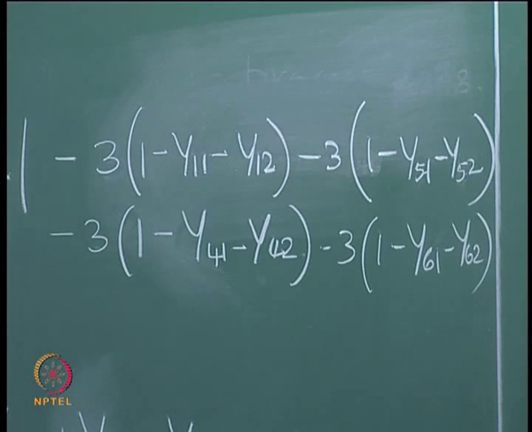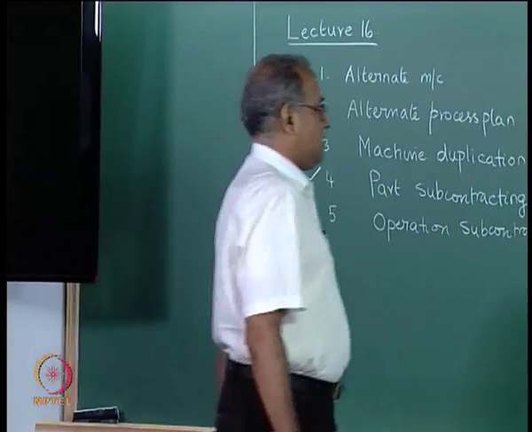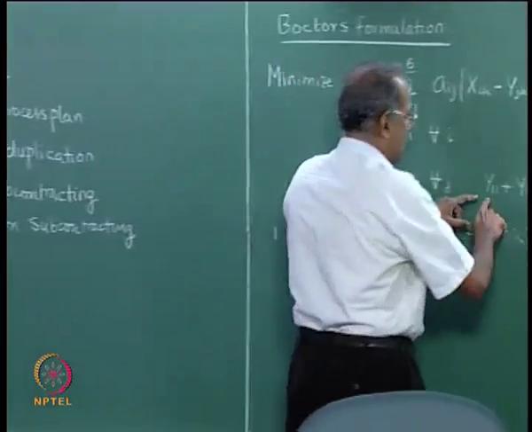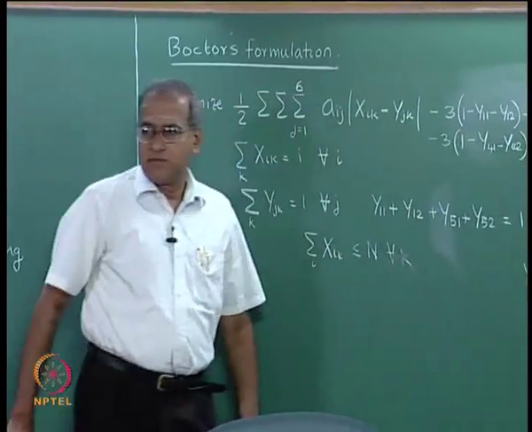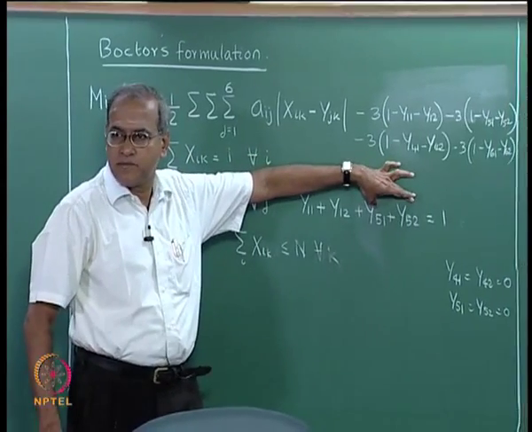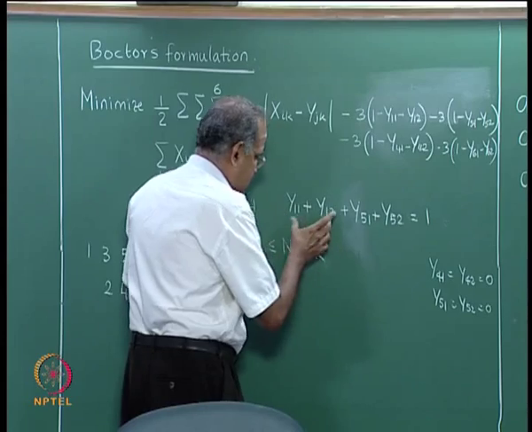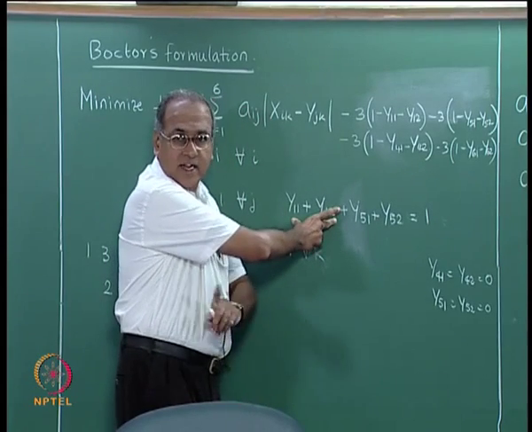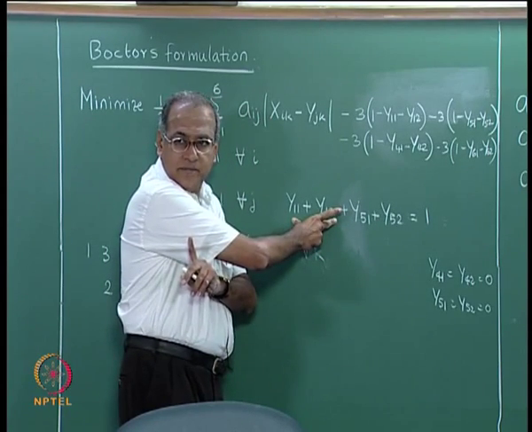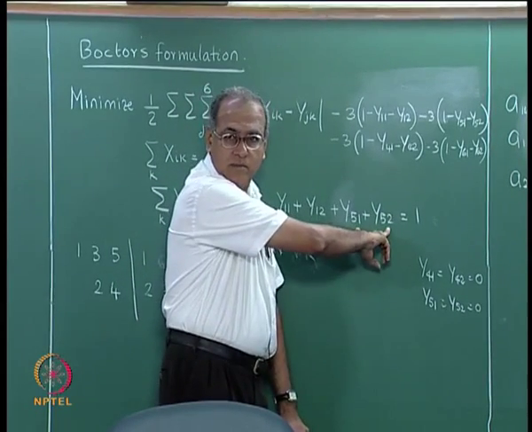Now between process plans 1 and 5, we are going to choose only one of them. This constraint will ensure that one of them is chosen, either 1 is chosen or 5 is chosen. If 1 is chosen, one of these 2 put together will take a value 1, and this will take a value 0.